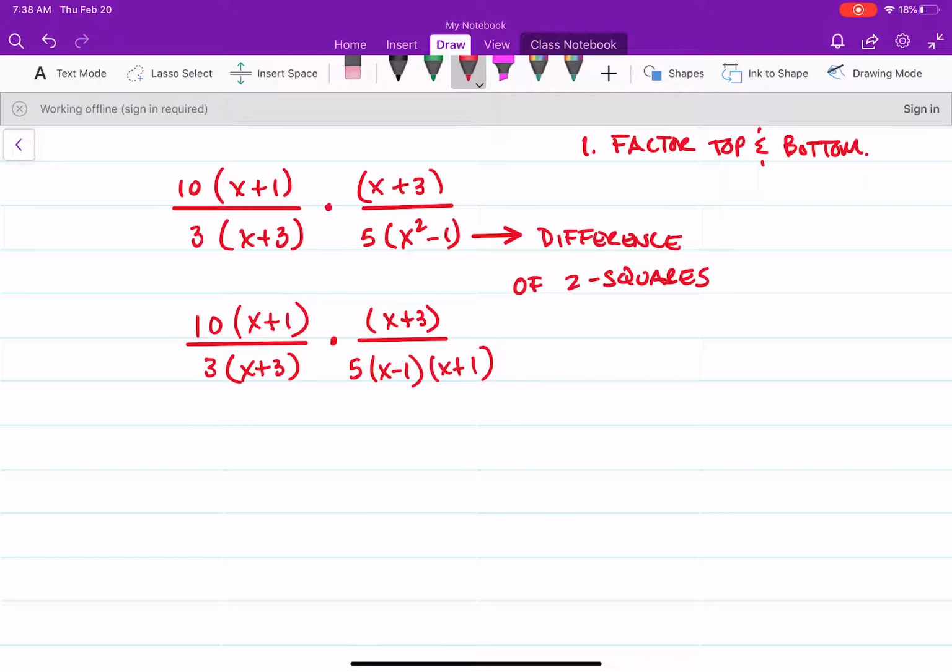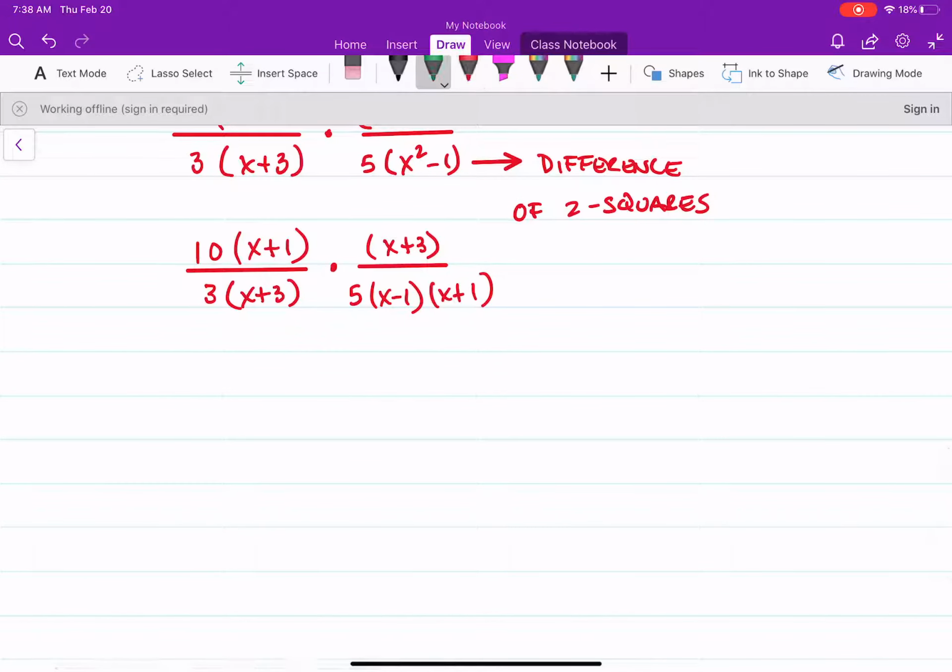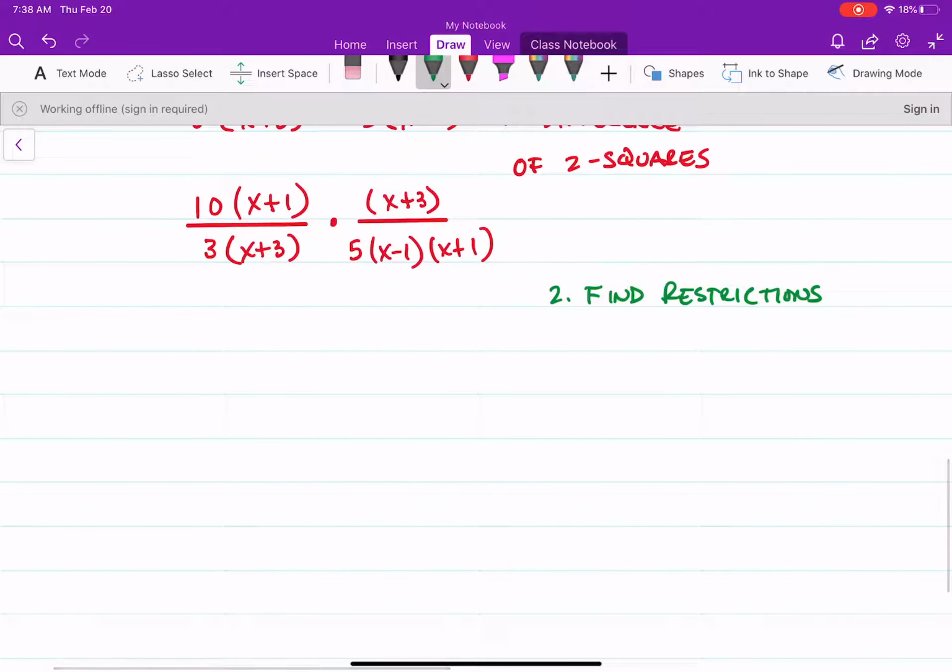All right. So now step 2, we need to find restrictions. Okay, so let's see here. In order to find restrictions, we're going to set the bottoms equal to 0. So we have 3 equal to 0.